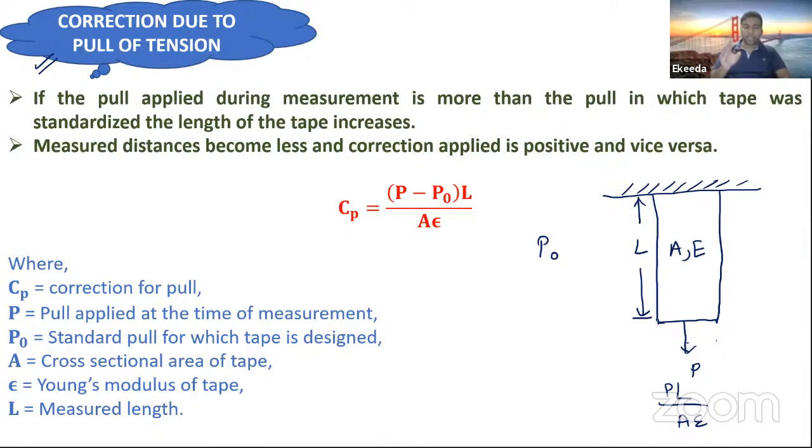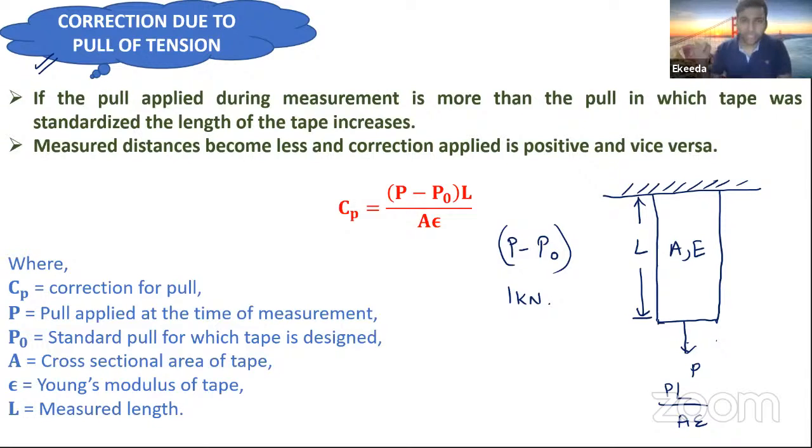But when we apply a pull of 26 kilonewton, then there will be the elongation of the tape due to the 1 kilonewton extra pull. It means that the change in length of the tape will occur due to the extra pull which we had applied to the tape.